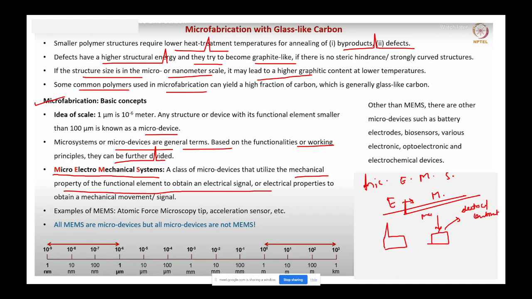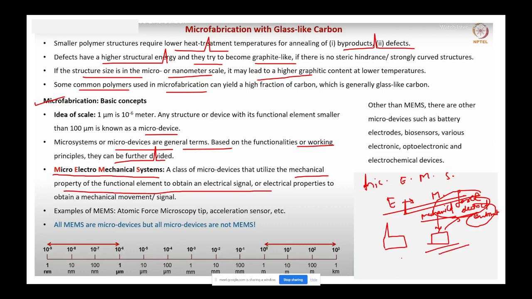If I am applying a mechanical force here, so here this is electrical and mechanical. It means that by applying a mechanical force on this material, you will obtain an electrical signal. And the reverse is using electrical properties to obtain a mechanical output.